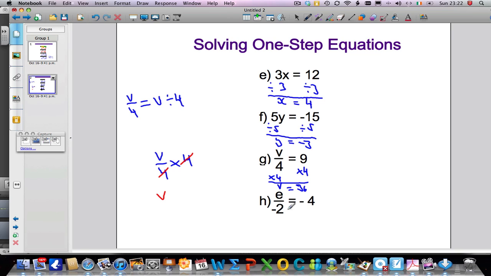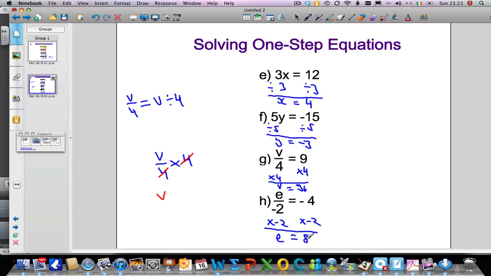An exact same method here again. We've got e divided by minus 2 equals minus 4. In order to undo that division of minus 2, I'm going to multiply both sides by minus 2. So if I multiply that by minus 2, I must multiply the other side by minus 2. e divided by minus 2 times by minus 2 is simply e, and minus 4 multiplied by minus 2 gives me 8.